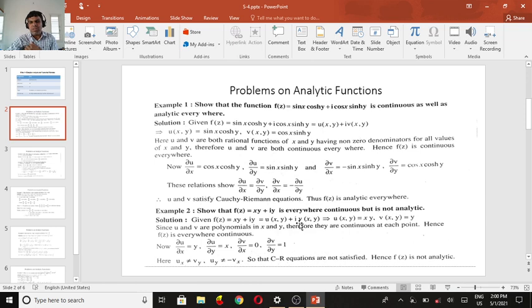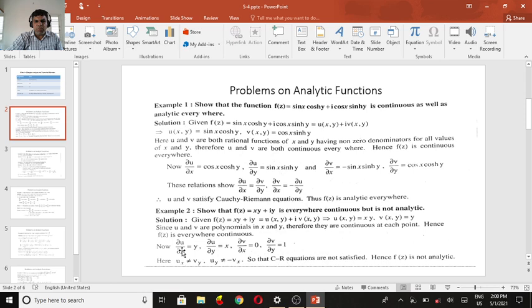Given f of z equal to x y plus i y, again separating real and imaginary terms, u of x y plus i v of x y, this implies u of x y equal to x y, v of x y equal to y. Again u and v are polynomials in x and y, therefore they are continuous at each point. Hence, f of z is continuous everywhere.